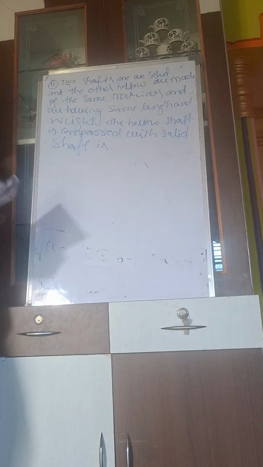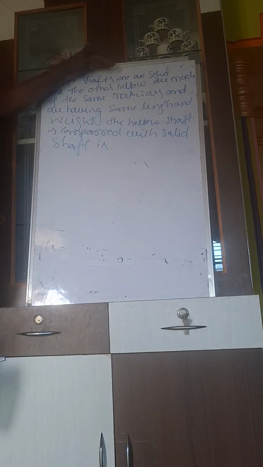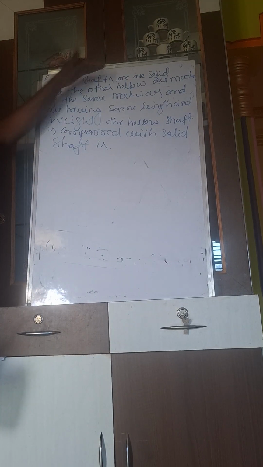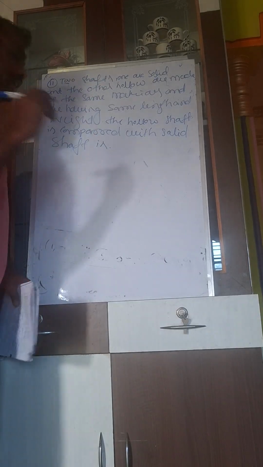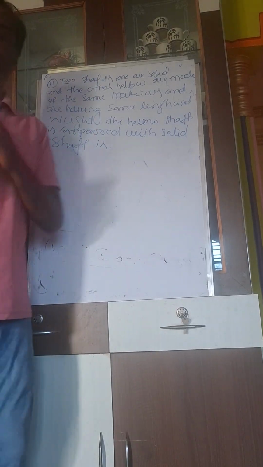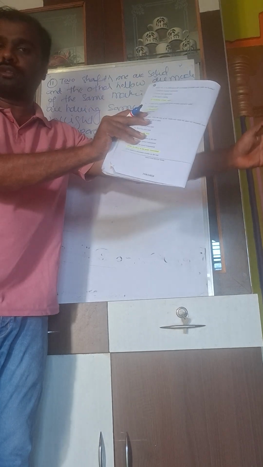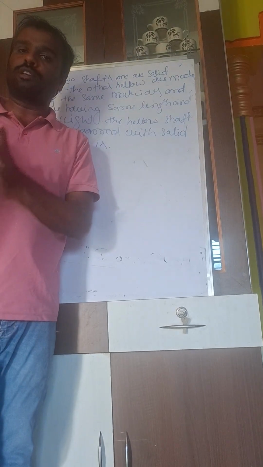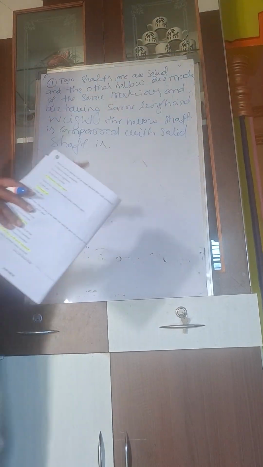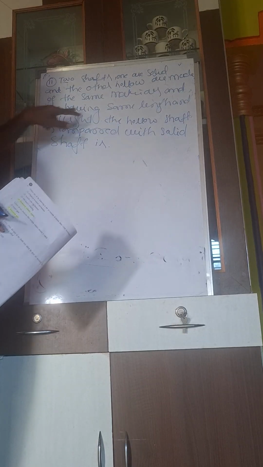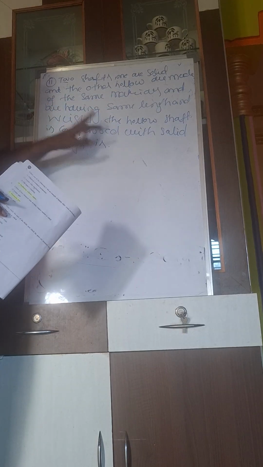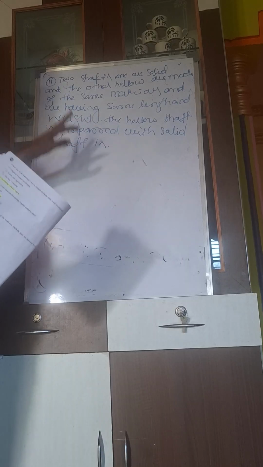See here the question: two shafts, one is solid and another one is hollow, made up of the same material. Suppose this is aluminium, this is also aluminium; this is the hollow shaft, this is the solid shaft. Same material and having the same length and weight. The hollow shaft is compared with the solid shaft.